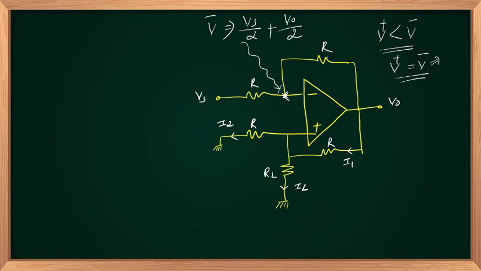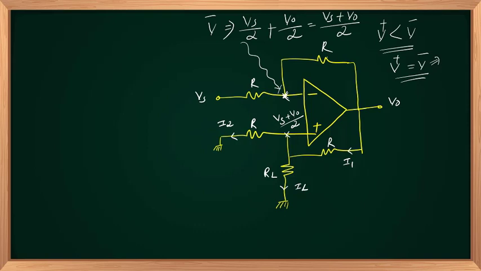Both voltages divide equally between resistors. Or this is equivalent to Vs plus V out upon 2, right? And of course V plus is also equal to the same value, Vs plus V out upon 2.